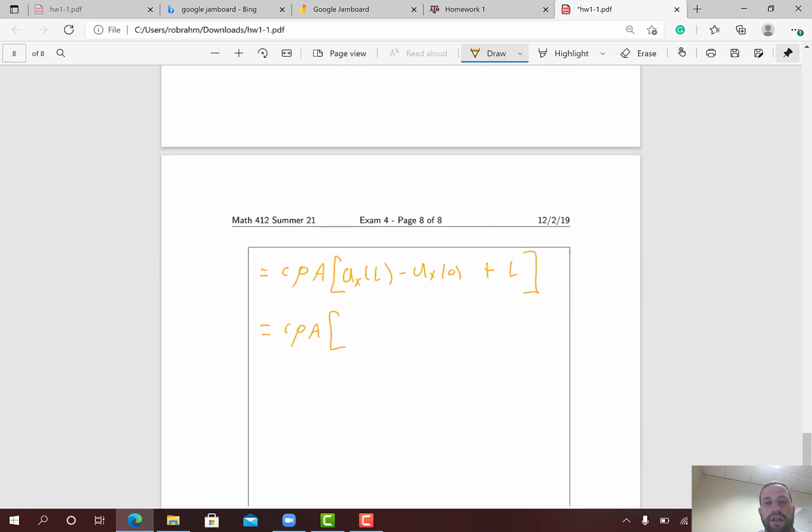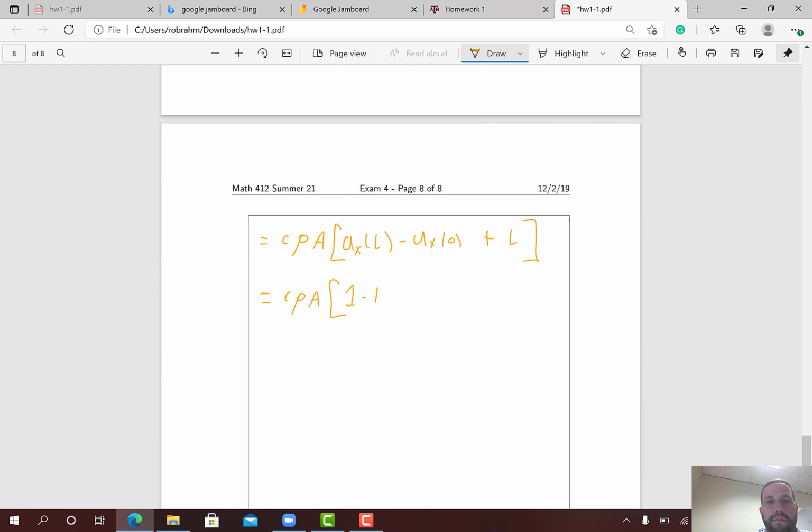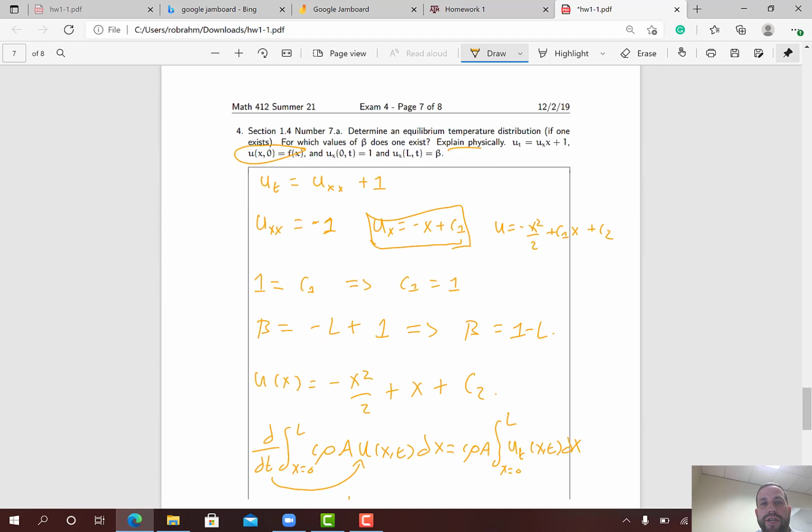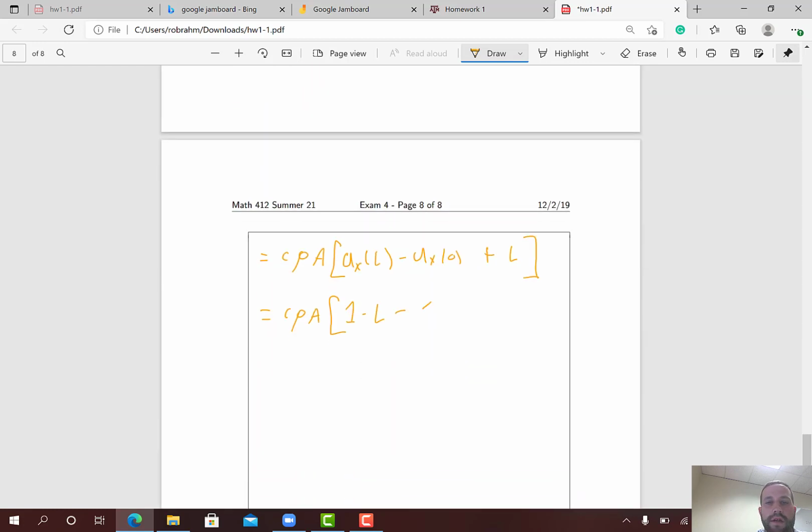Beta is 1 minus L, so this is 1 minus L. Minus, well, ux of 0. What is ux of 0? Well, again, it satisfies this boundary condition, so that's 1, and then plus L, and this is equal to 0. So we have shown that the total thermal energy in the rod is constant.